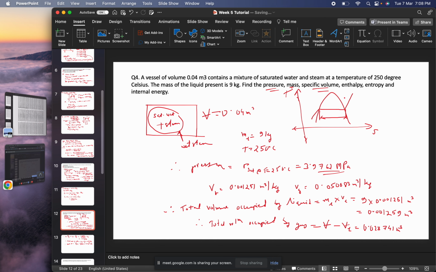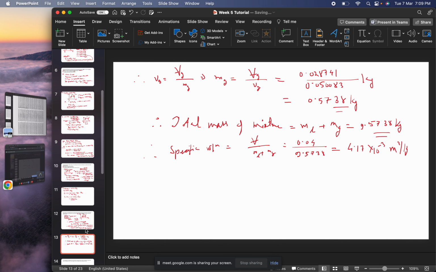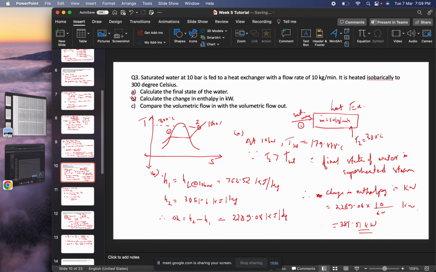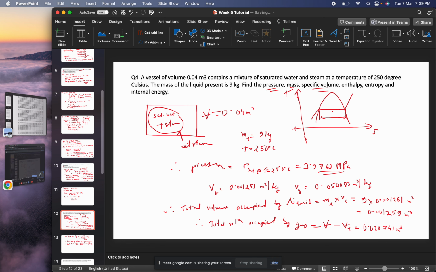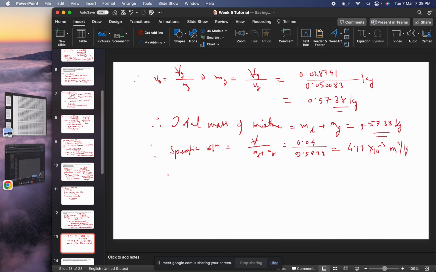Now you need to calculate the enthalpy, entropy and internal energy. Since it lies in this position, you need the dryness fraction also. Okay, so for that H is what? Hf plus x times Hfg. So for that you require x, and x is nothing but mg divided by ml plus mg.